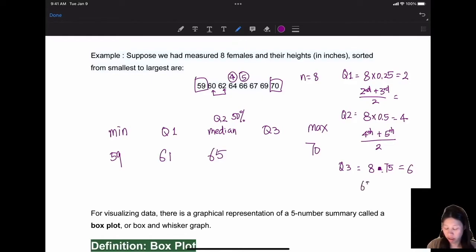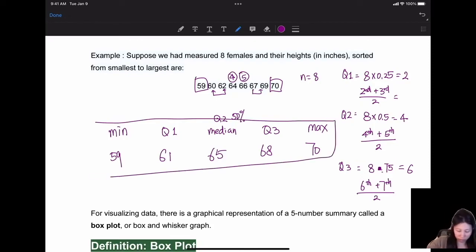That means it's going to be the average between the 6th and 7th data, which is 67 and 69. So it should be 68. So this is our third quartile. This is our 5-number summary.